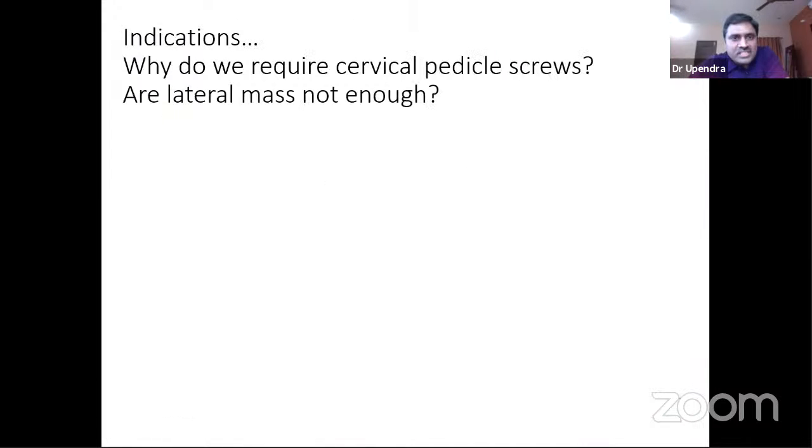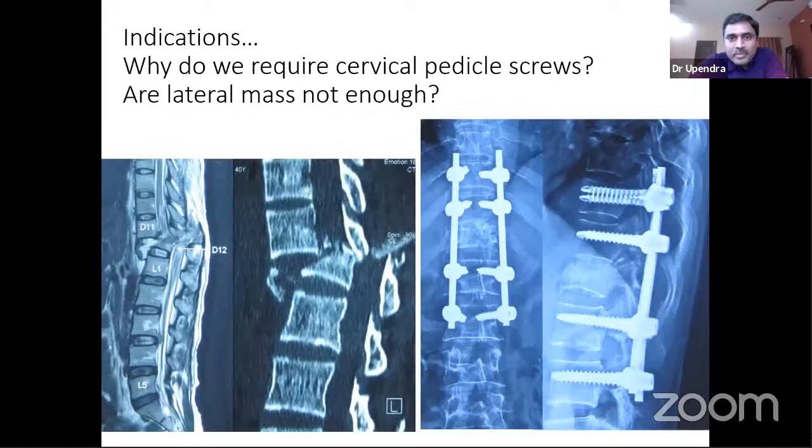Now, indications, as we talked about, it can be used in any situation where we are using lateral mass screws. But why use cervical pedicle screws when there is a lateral mass? Now, the same question was asked when we did not have thoracic pedicle screws. So once we are comfortable with any technique and we have safety of it, a technique which gives a 3-column rigid stabilization is more useful than a posterior stabilization.